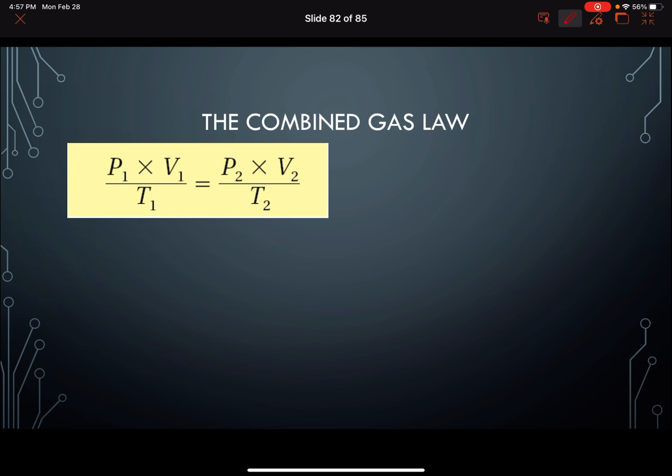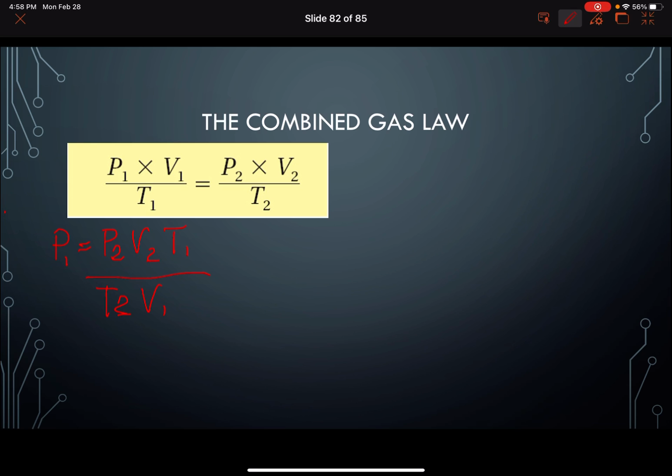So the first one we're going to solve for is pressure 1. Pressure 1 equals pressure 2 times volume 2 times temperature 1 all over temperature 2 times volume 1. Okay? So there's a whole bunch of stuff in there.